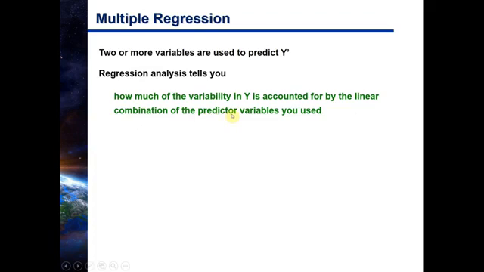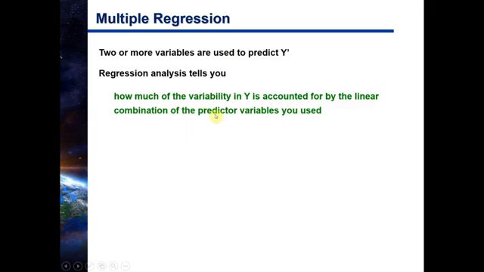With simple regression, it just tells you how much of the variability in y is accounted for by x. But since we have more than one variable now, let's say ABC, it's going to tell you how much of the variability in the y-scores is accounted for by that linear combination of variables, ABC.